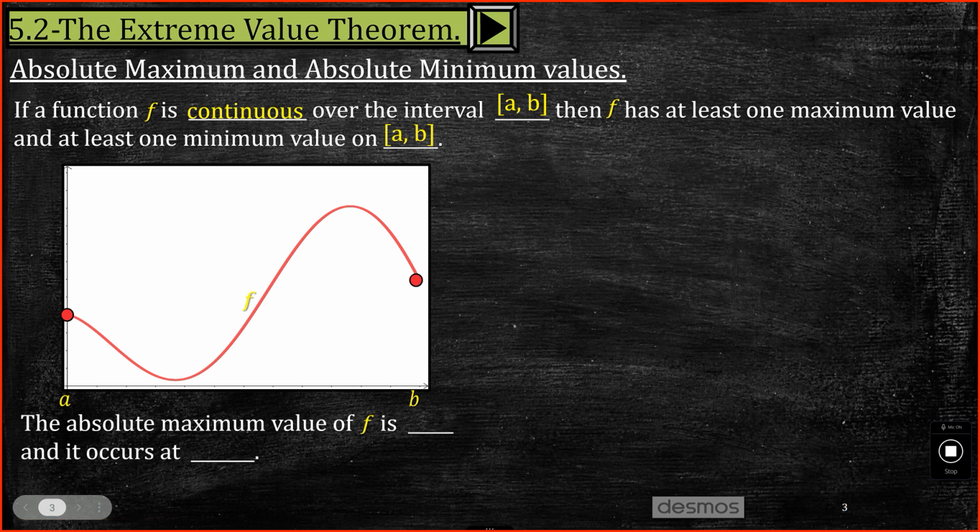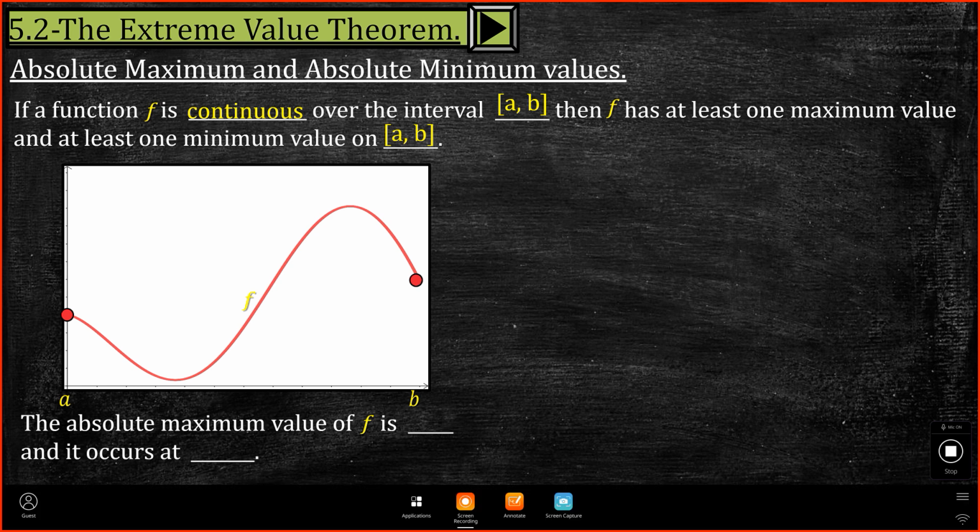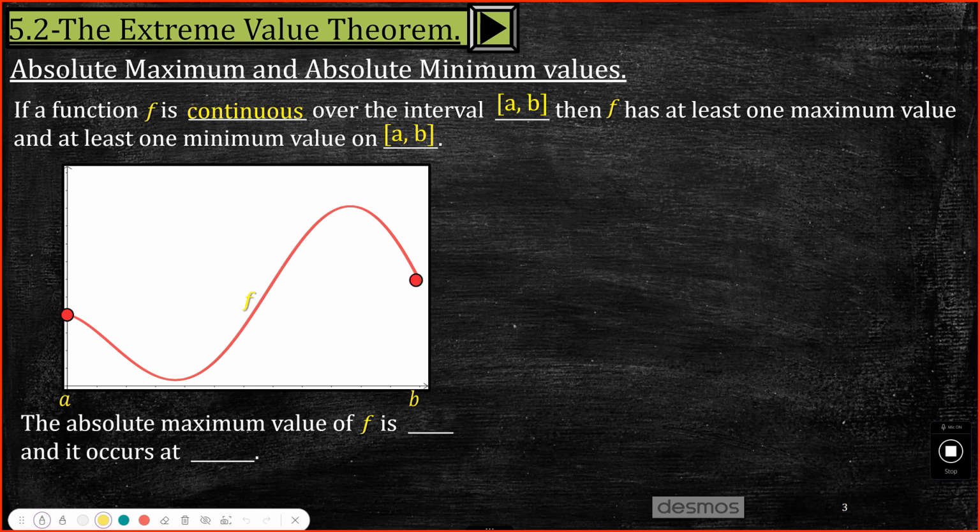That's the lowest. That's the minimum. The absolute maximum value of f would be here, the highest, and this would be the absolute minimum right here, the lowest.